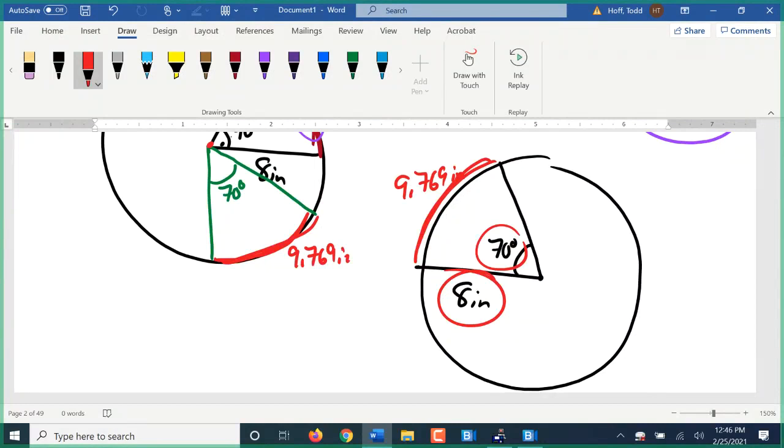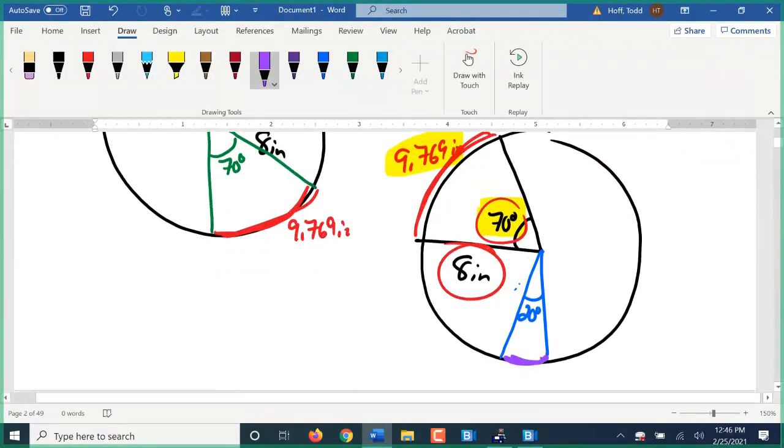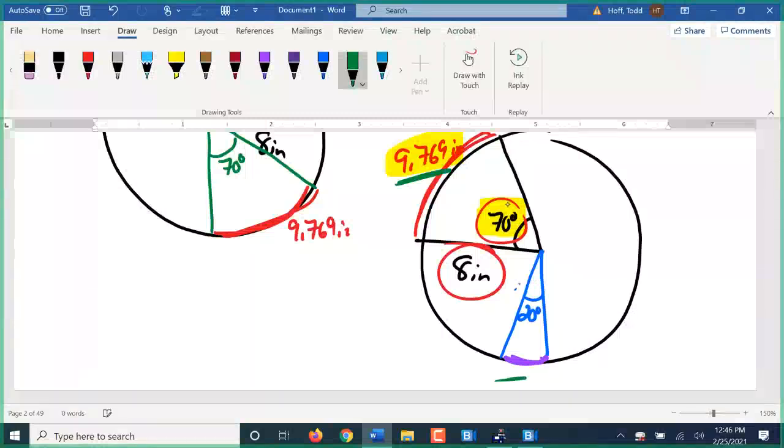Let's say that we know that this 70-degree central angle cuts that intercepted arc of 9.769 inches. And let's say we have an angle over here, 20 degrees, and I want to know its arc. Well, rather than go through the whole process of finding the circumference, the ratio of the arc lengths is going to be the ratio of the central angles. So I have 70 degrees to 20 degrees.